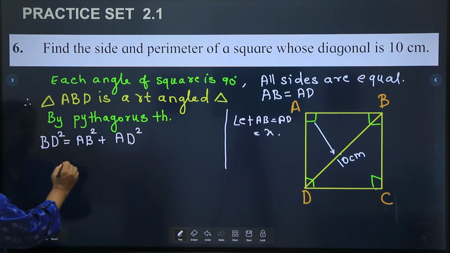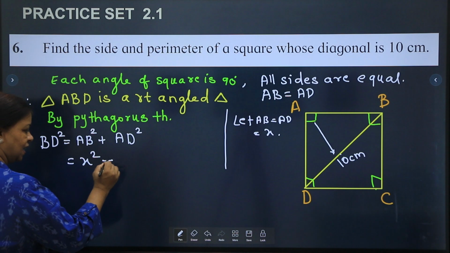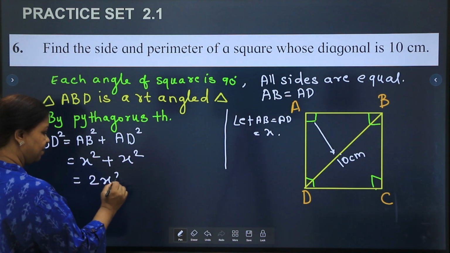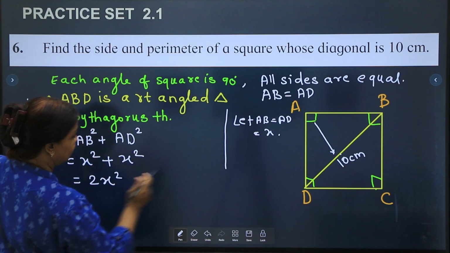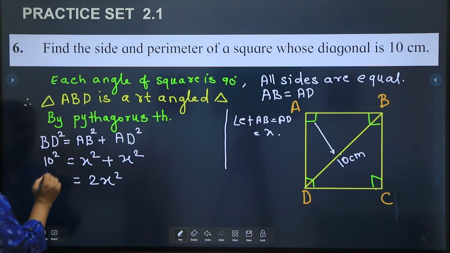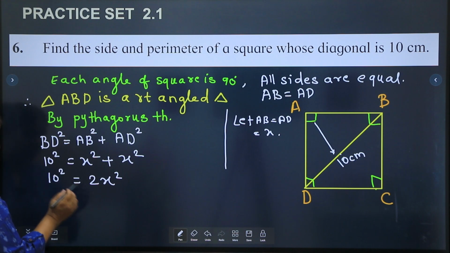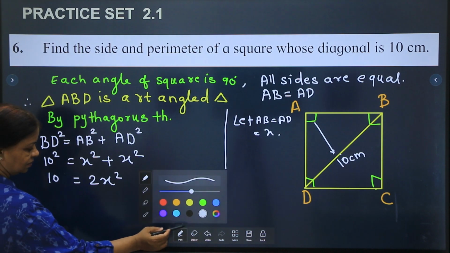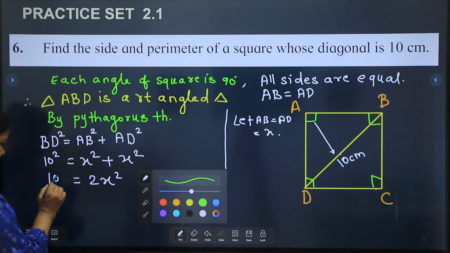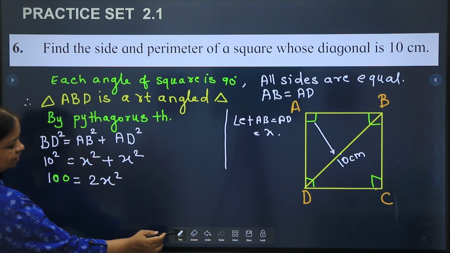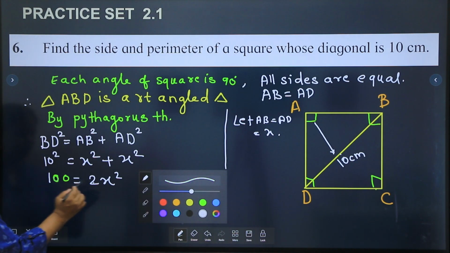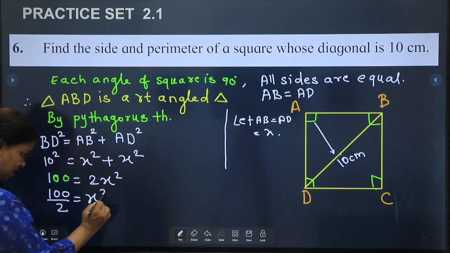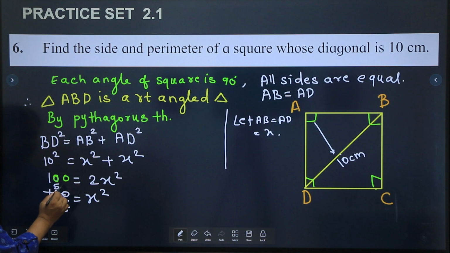So we will get here X square plus X square, which is equal to 2x square, and BD is how much given? 10. So we can use here 10 square, which is 100. So now 2 will come down. 100 upon 2 is equal to x square. 2 5s are 50.